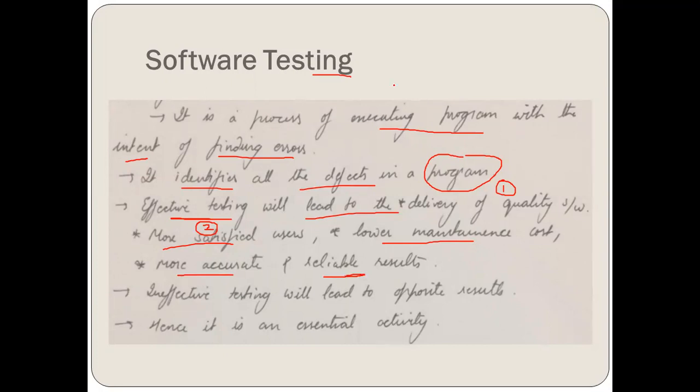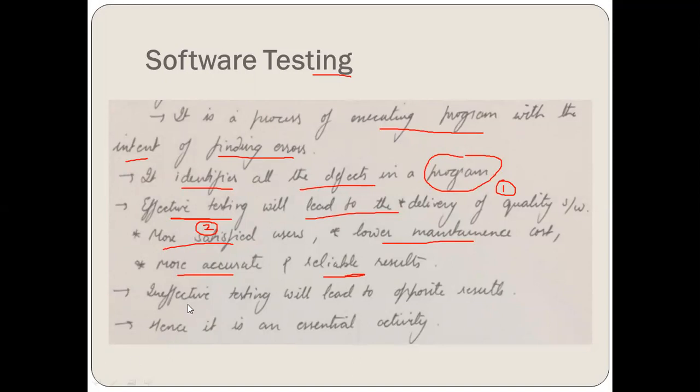So if you have done the testing in a rigorous manner and effectively, then the quality of software will be enhanced, the users will be satisfied, you will have low maintenance cost, and the software will be more reliable and more accurate, right?